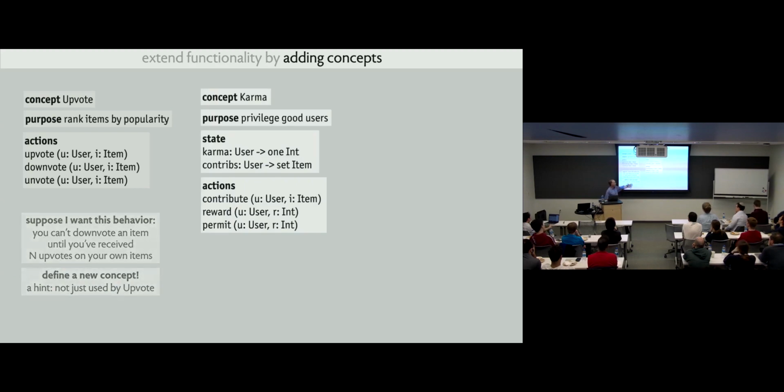And so we could specify a karma concept that has actions like a user contributes an item, a user gets some reward, and then an action permit that says a user is permitted to perform some action that requires some number of reward points. Now, this concept is a little bit strange because this permit action is sort of a placeholder. In order to achieve this separation, I'm just saying you're permitted to do something, but I'm not saying what you're permitted to do. And so let me show you now how we make that work.